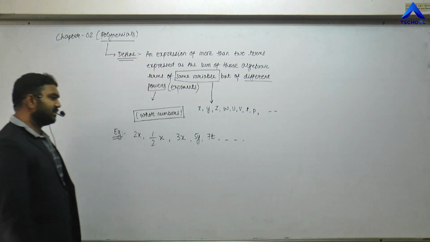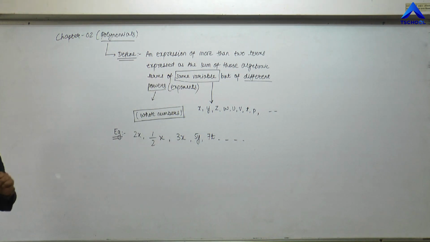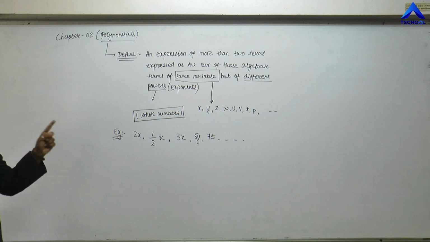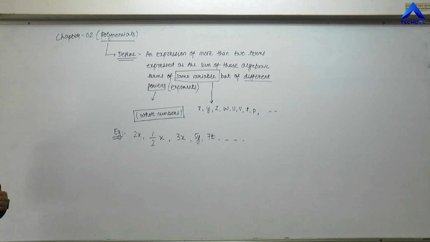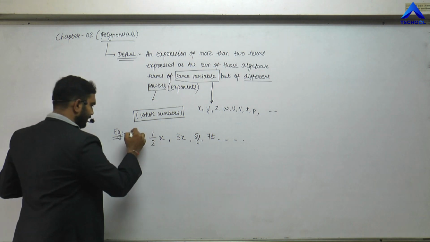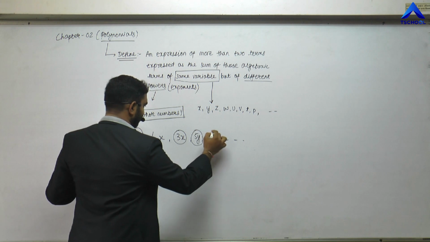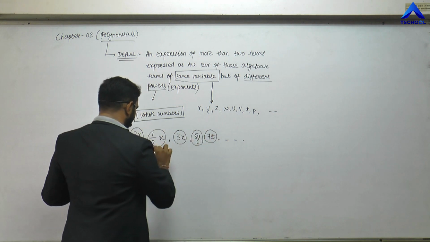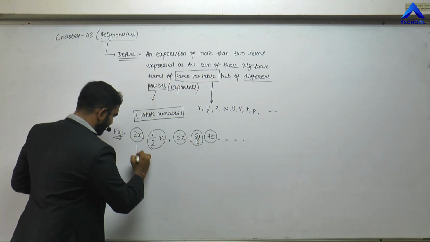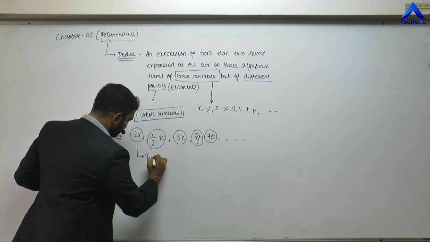These are all examples of polynomials. But right now in these examples we only have a single term present. This whole thing, 2x, 3x, 5y, 70, 1 upon 2x, these are known as the terms.